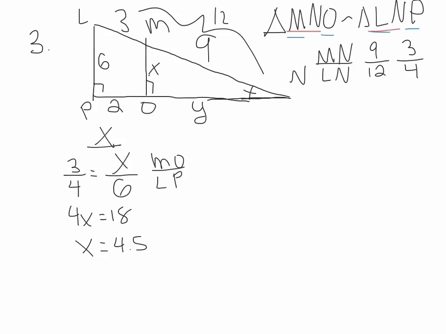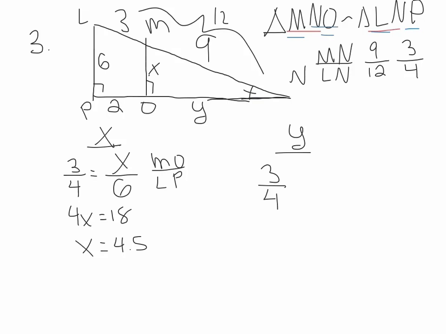Take a second, pause the video, set up your proportion, and solve for y. Look back on the previous example for help. Alright, to solve for y, we're going to use the same scale factor, 3/4. So y is ON, the last two letters.